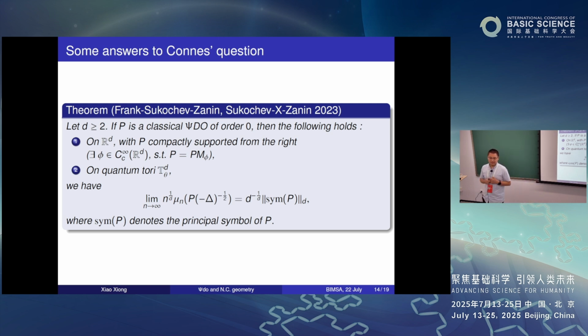It is compact. Okay, so these are the only two cases we knew before, because in these two cases the spectrum can be calculated directly.